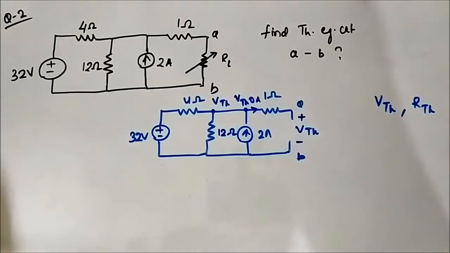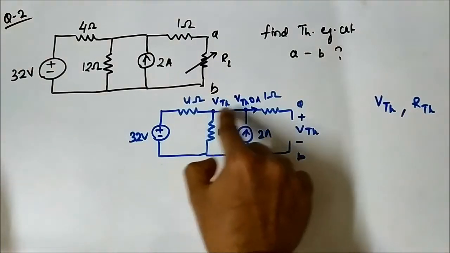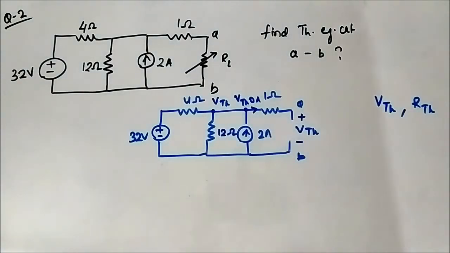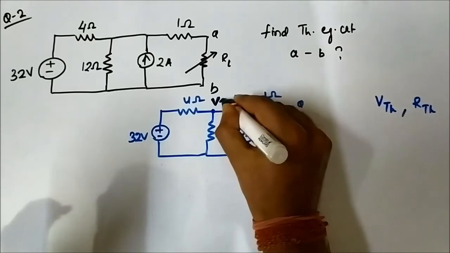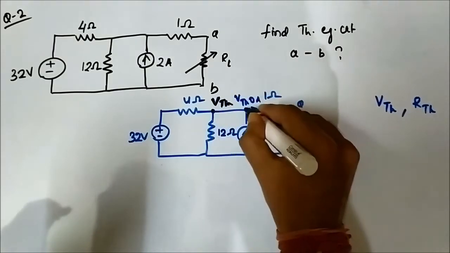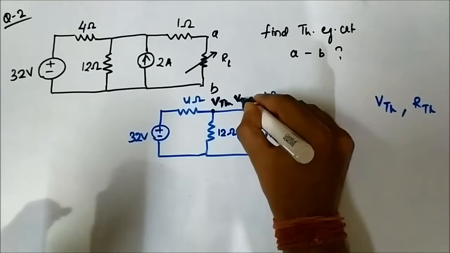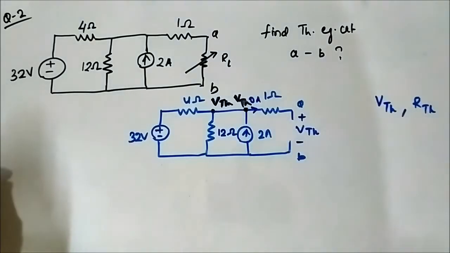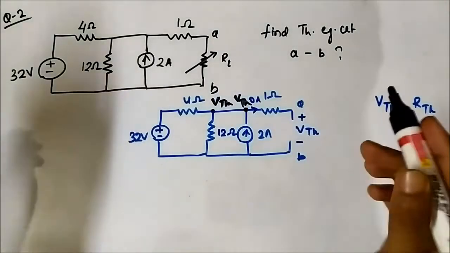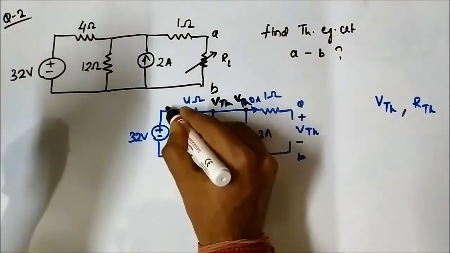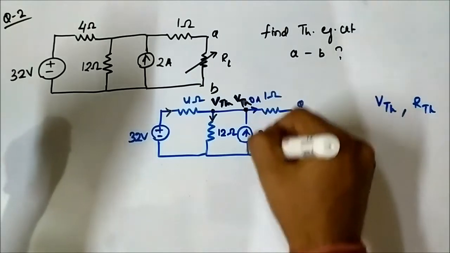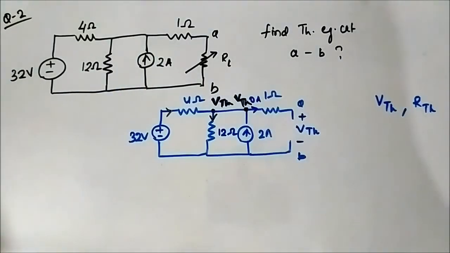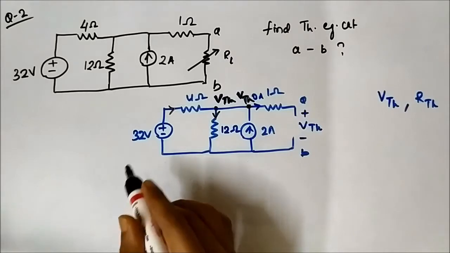Okay, so we will apply nodal analysis at this node. The same node it is. Let us make it prominent. This is VTH at this point, and also at this point this is VTH. Let us assign the current directions. So let us apply the nodal analysis equation.